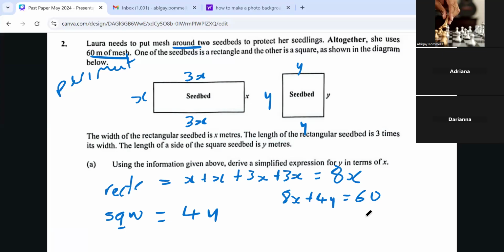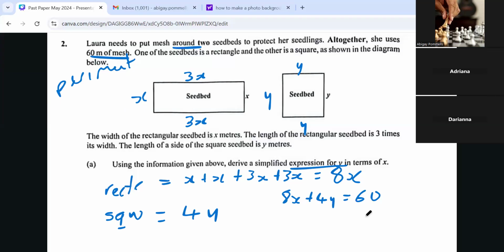So we have to simplify it in terms of y. That means y has to be the subject. So I am going to bring over everything away from y. The 8x is going to come over here.